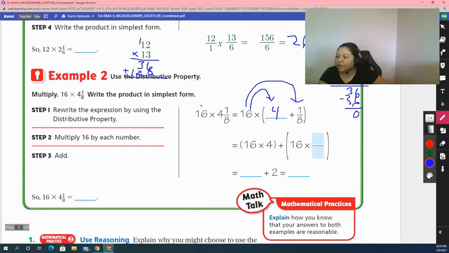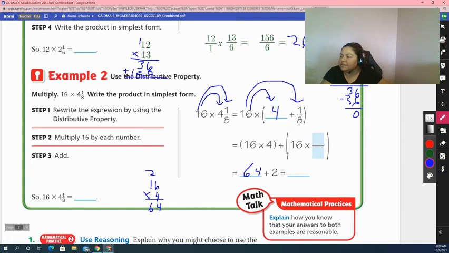So what is 16 times 4? You're going to have to do your little math here. 4 times 6 is 24. 4 times 1 is 4, and 2 is 6. So that gave me 64, right?